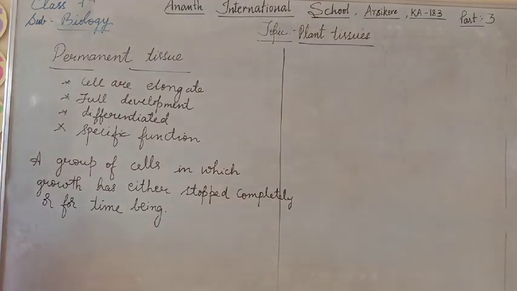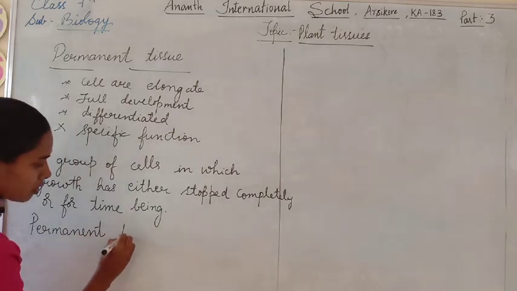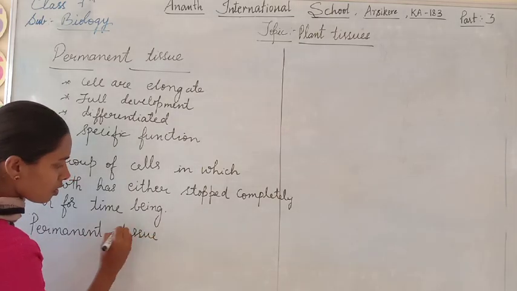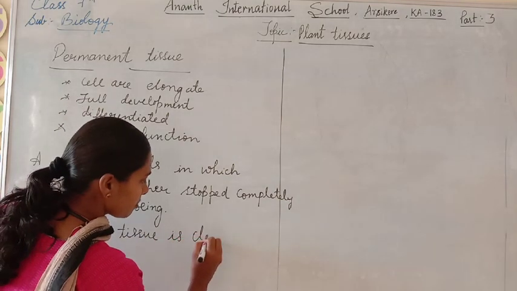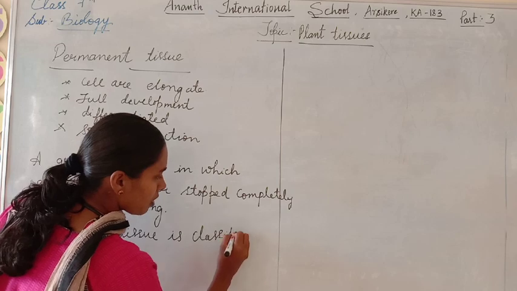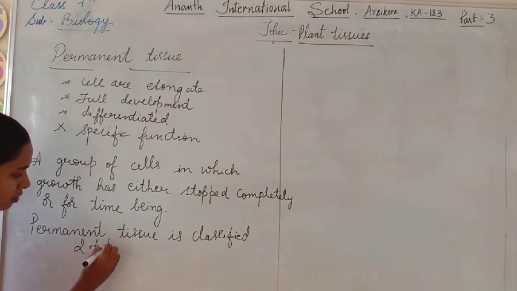So this permanent tissue is divided into two types. The permanent tissue is classified mainly into two types.